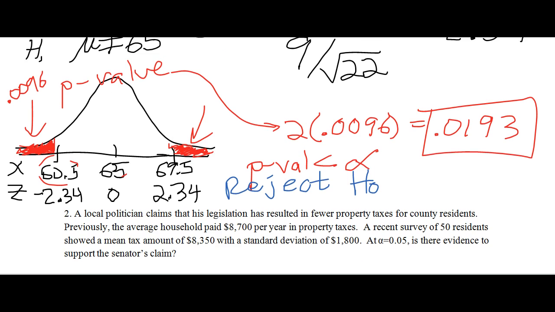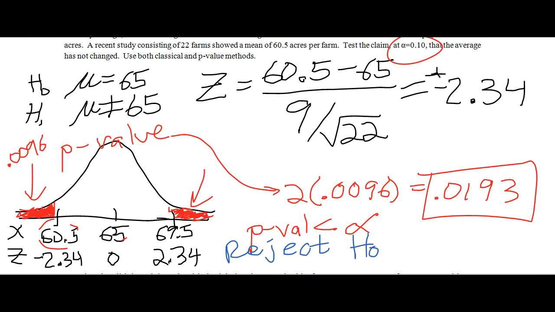And we say that, there's not enough room for me to write it here, but we say that we do have enough evidence to show that the acreage is different than 65 because the value we got is so much lower that it produces a p-value of only 0.0193.